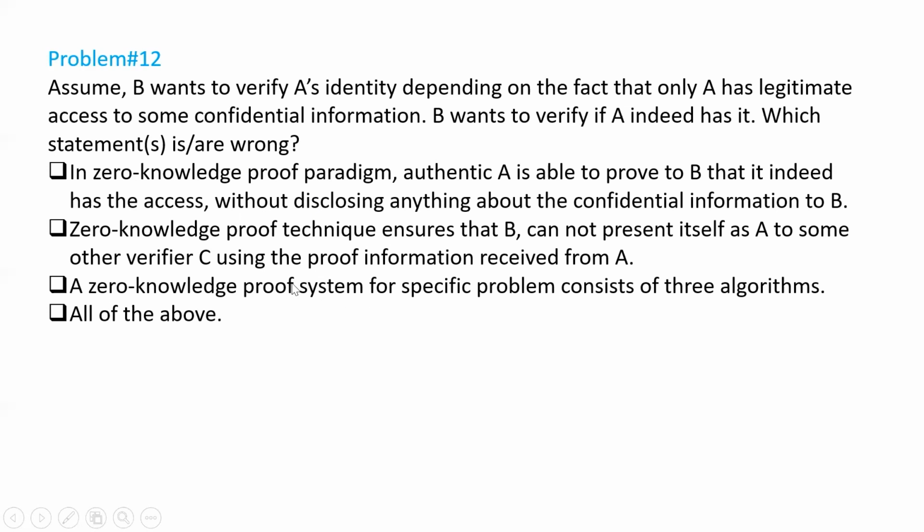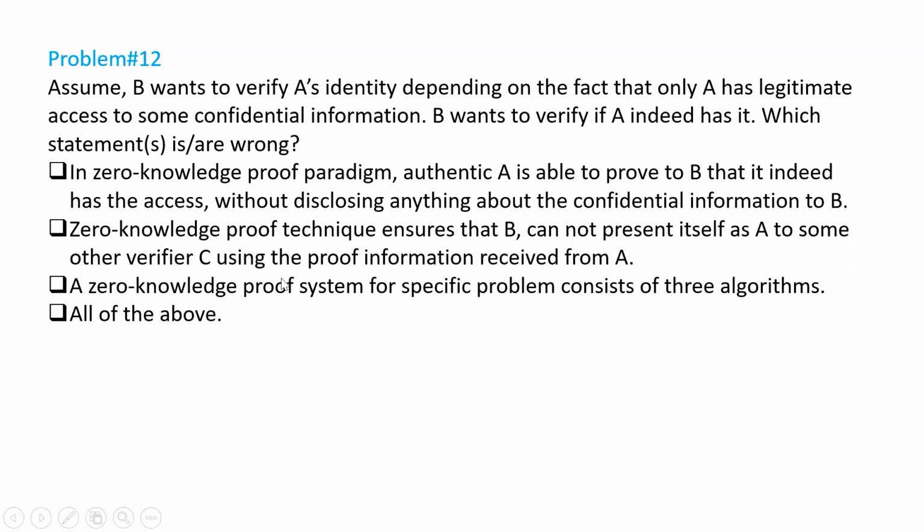So it wants to know whether A dash, who is claiming to have access to this confidential information, is indeed the entity of that designation having access to the confidential information or not. So B wants to verify.